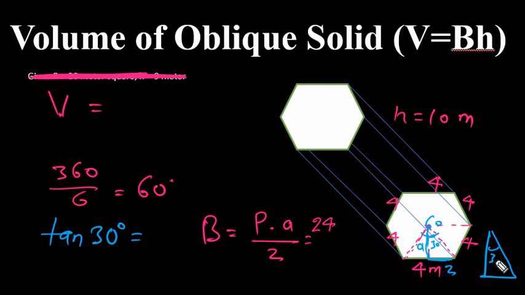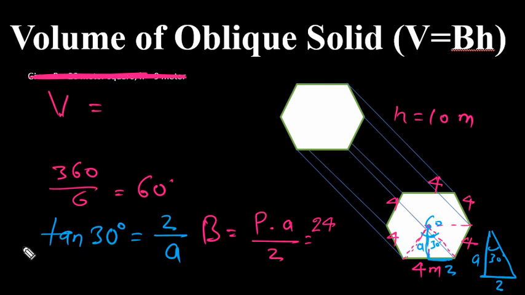So this is 30, this is 2, this distance we don't know. So tan 30 is opposite divided by base. That is the formula to find tan 30 degrees, right?